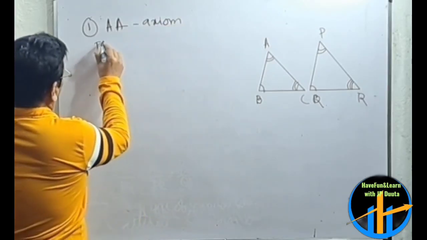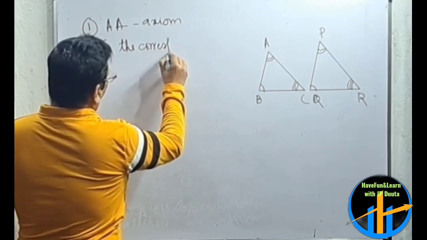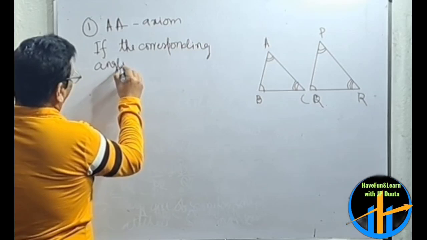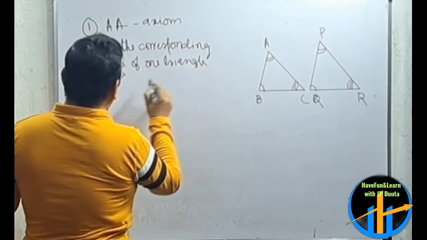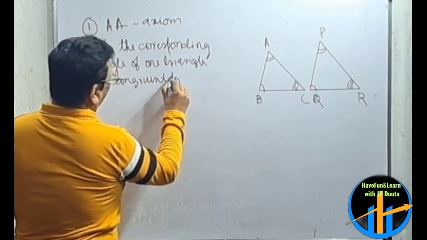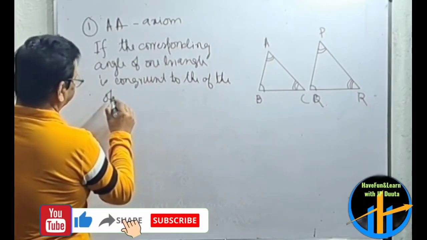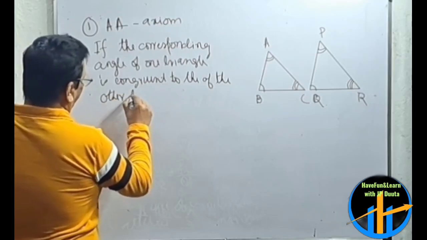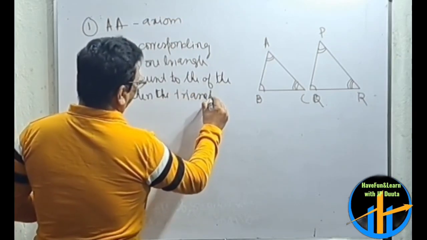Now if the corresponding angles of one triangle are congruent to those of the other, then the triangles are similar.